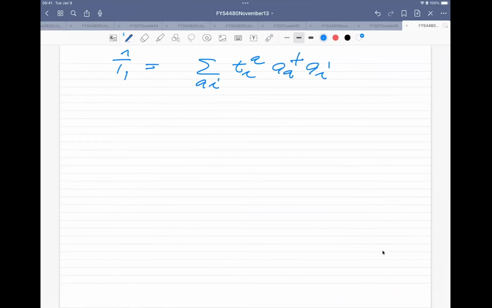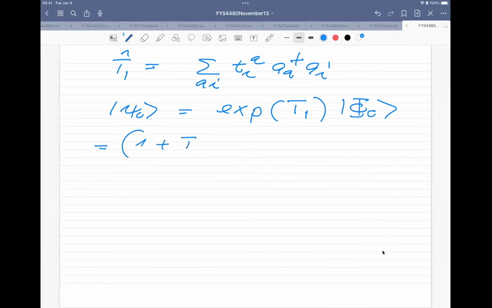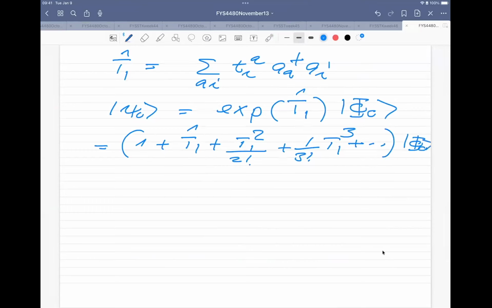That means that I can rewrite this state, psi 0, in terms of an exponential over this T1 acting on phi 0. So this is just a rewrite of what we had. If I then just use the standard Taylor expansion, this is nothing but 1 plus T1 (I should put hats here), plus T1 squared divided by 2 factorial, plus 1 over 3 factorial T1 cubed, etc., acting on phi 0.